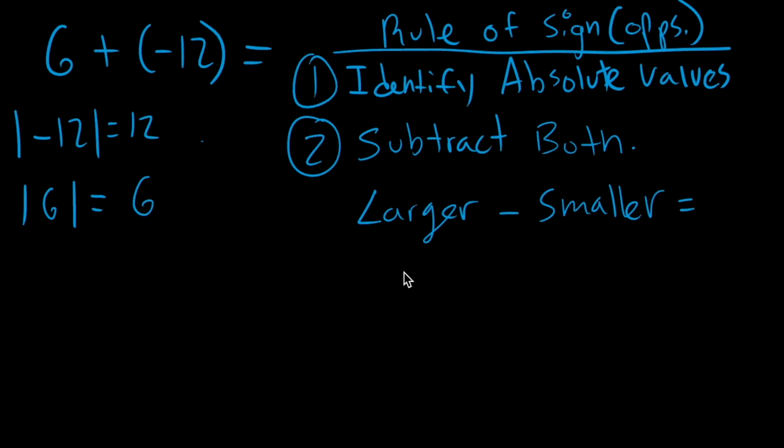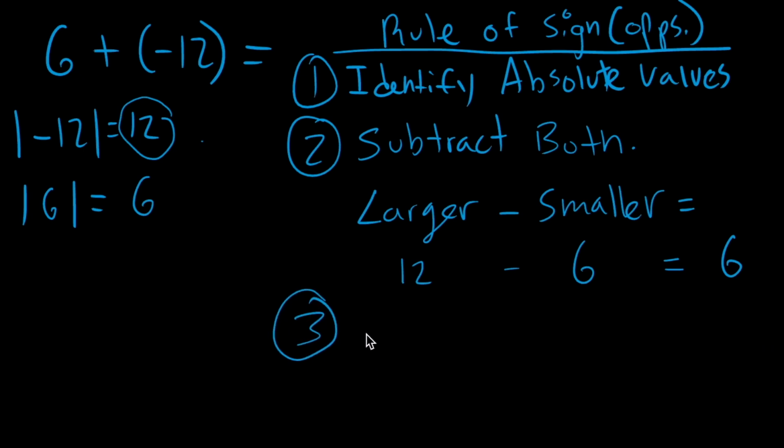We're looking at the absolute values. So the larger absolute value is this 12, and the smaller is 6. So the answer is 6. You take 6 away from 12, which gives you 6.